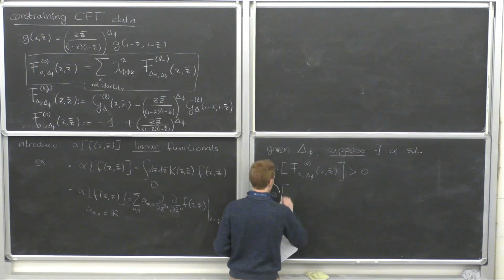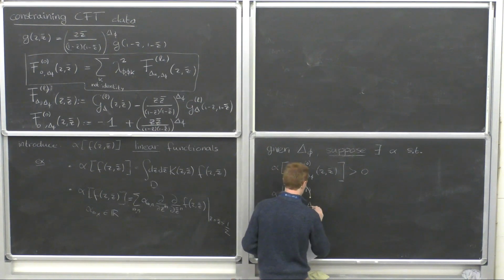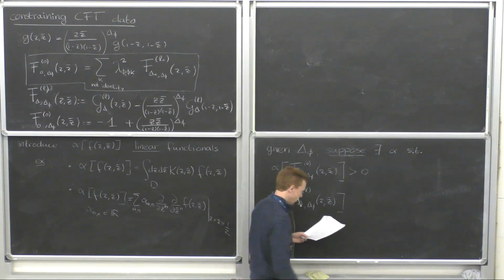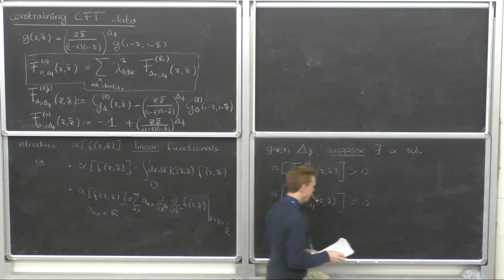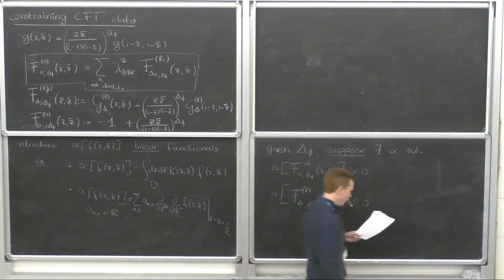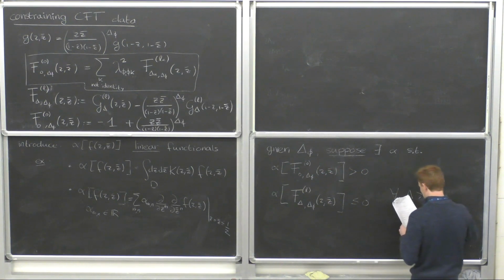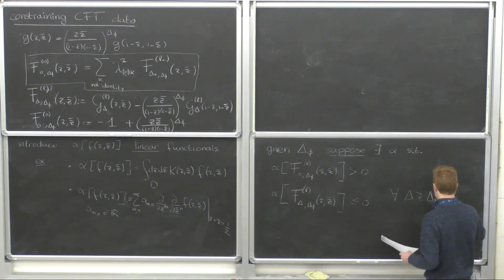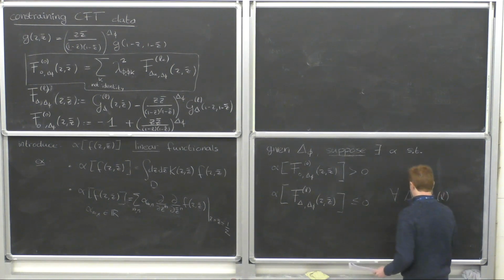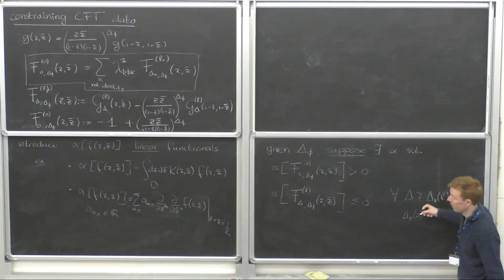And suppose that it is negative, or at least non-positive, for all delta greater than delta star of L, so for all the deltas that can appear in this sum.